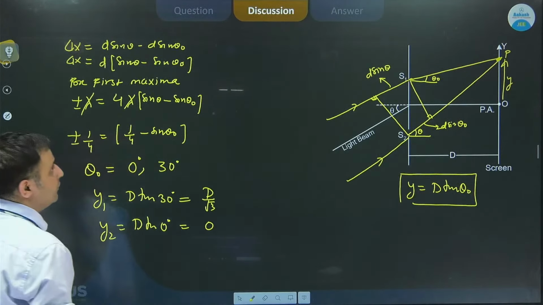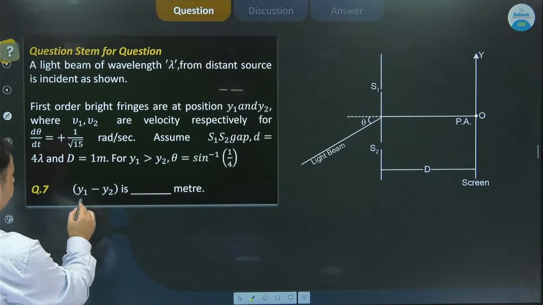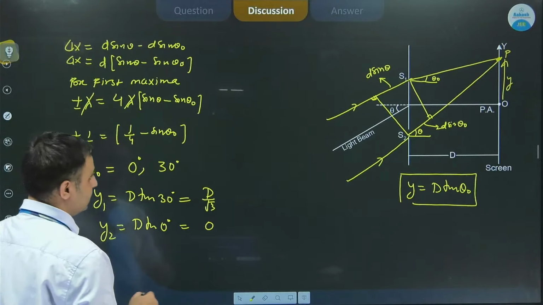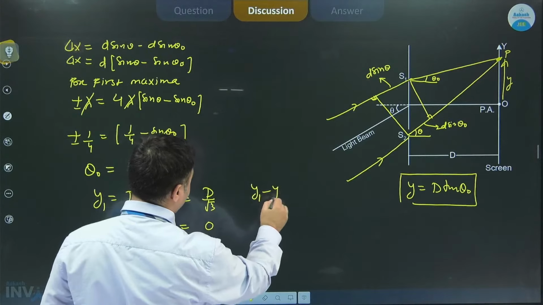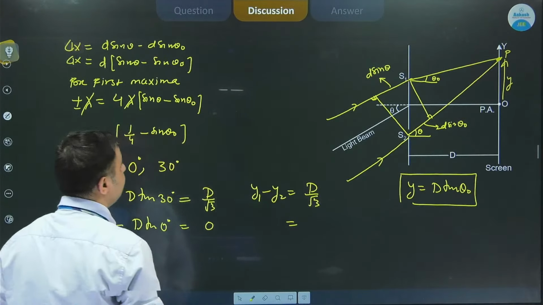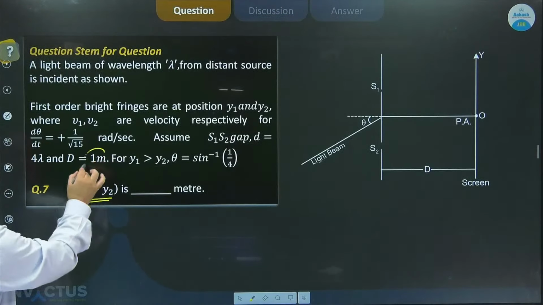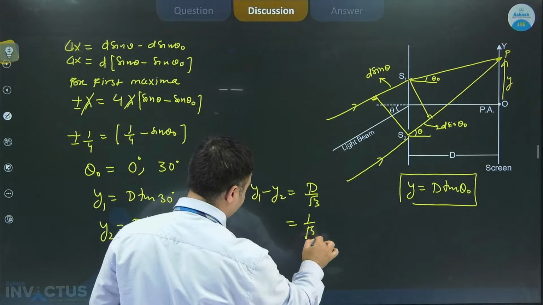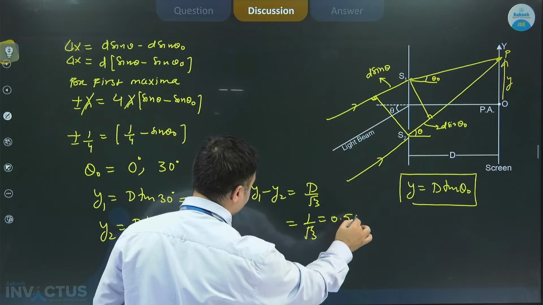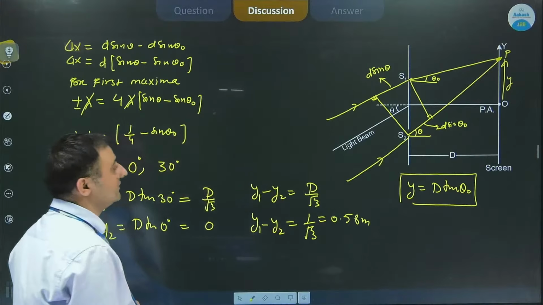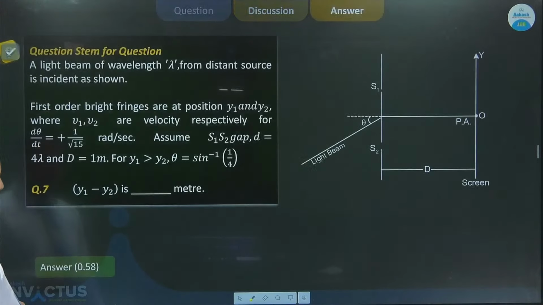So what we have to find? We have to find y1 minus y2 in the question. So y1 minus y2 becomes D by root 3, and D is given in the question as 1 meter. So putting here, 1 by root 3 is equal to 0.58 meter. So y1 minus y2 should be 0.58. So 0.58 is the correct answer.